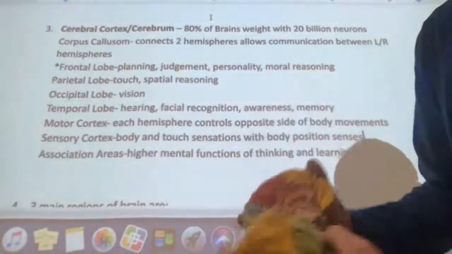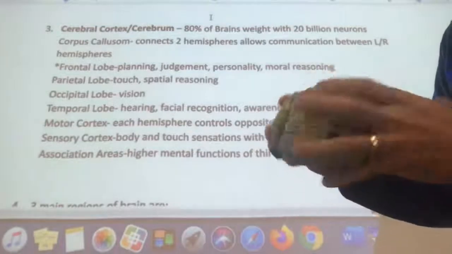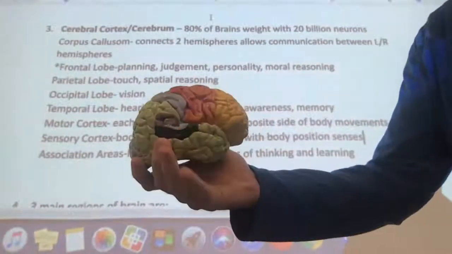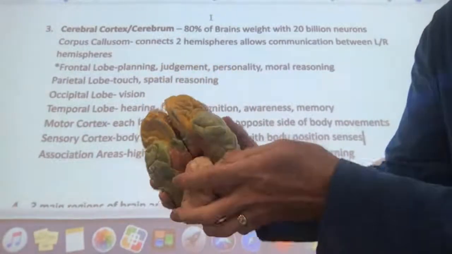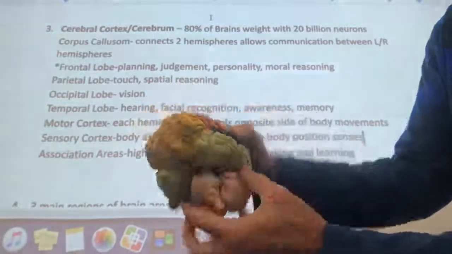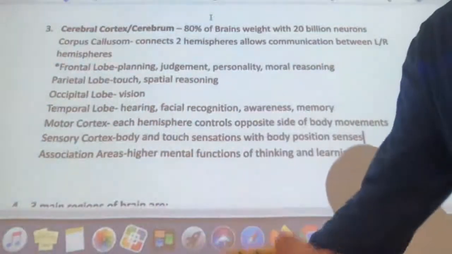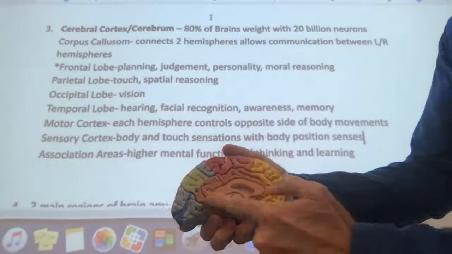Again, most of you, if I were to say picture a brain in your mind, you're going to picture the cerebrum and the cerebral cortex, which is this top part here. Now the first structure that I have is the corpus callosum, which is this band of fibers right here.